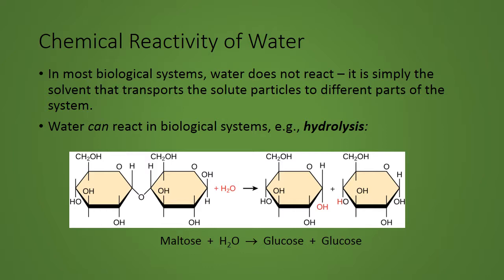So you take the maltose molecule, you want to break the bond between the two rings. You add water in the presence of the appropriate enzyme, such as maltase, and the water molecule breaks the linkage, the glycosidic linkage, between the two monomers that make up the maltose molecule. And what you end up with, upon addition of water, is a formation of two glucose molecules, which are monosaccharides.